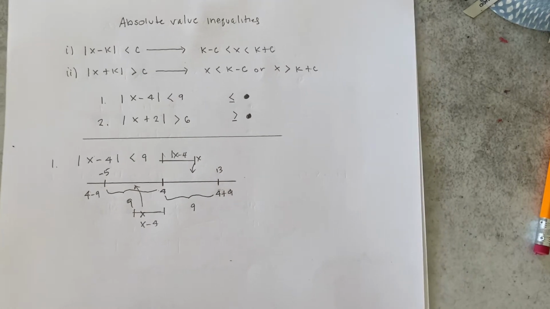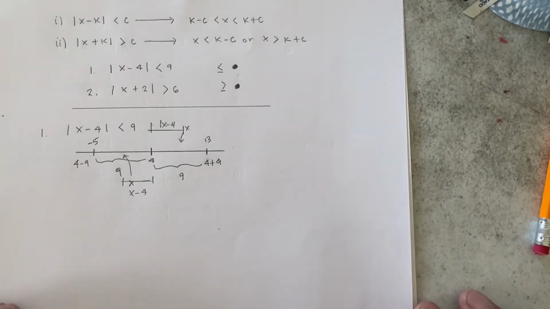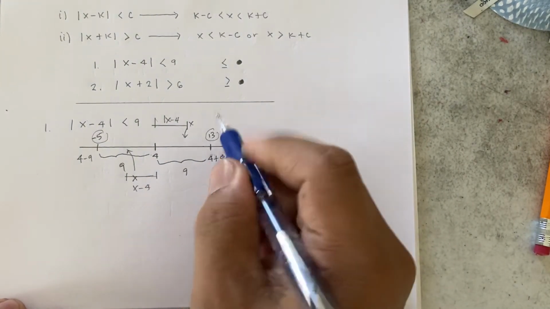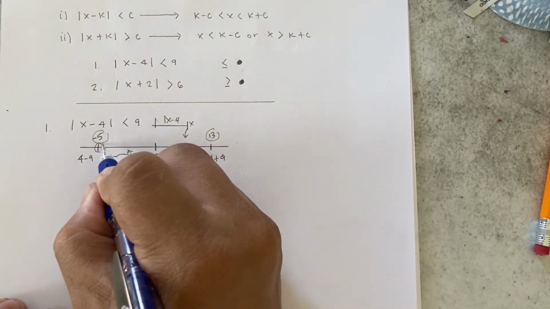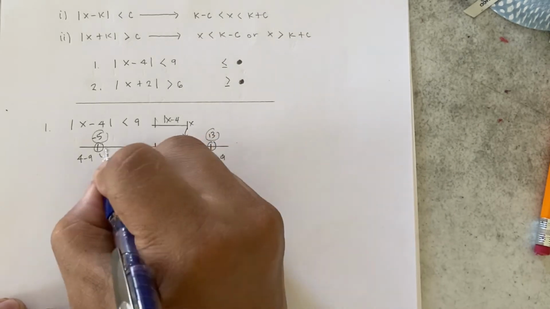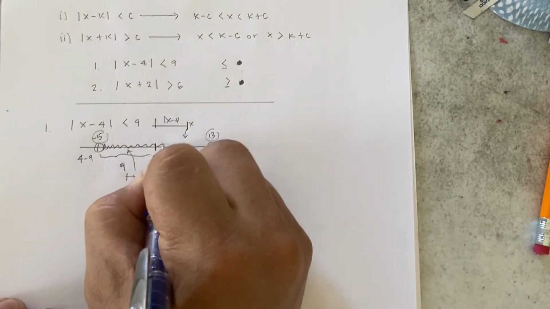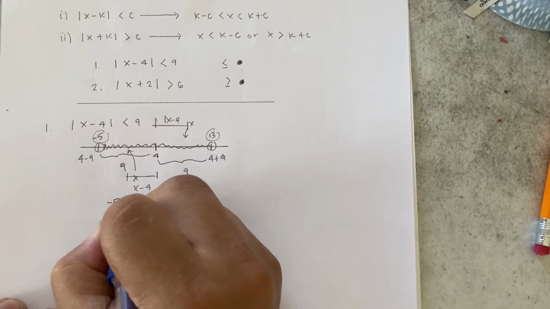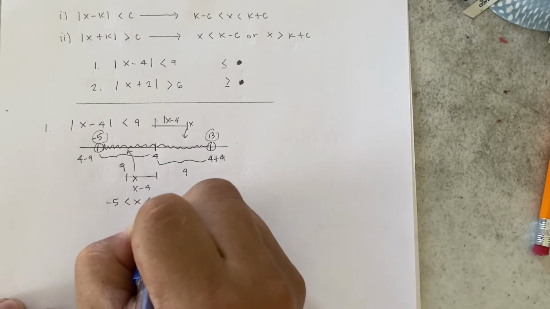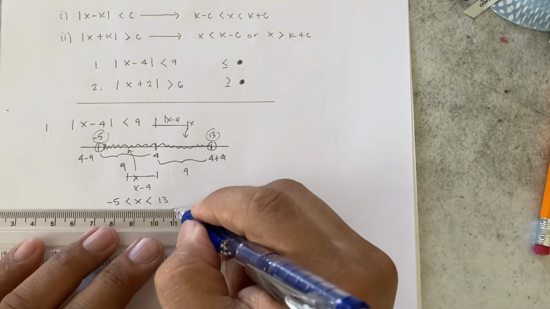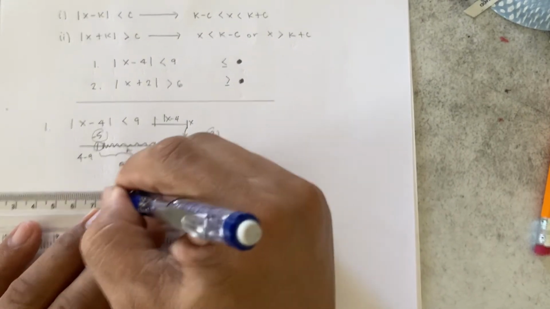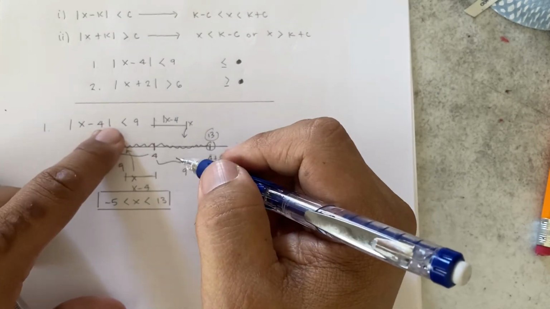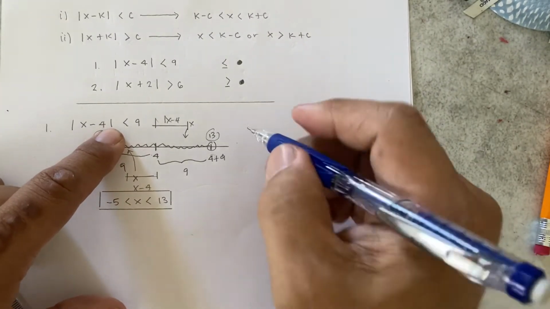So your solution set to this inequality, directly from the graph, is all points between negative 5 and 13. So that means every single point in this interval satisfies that absolute value inequality.